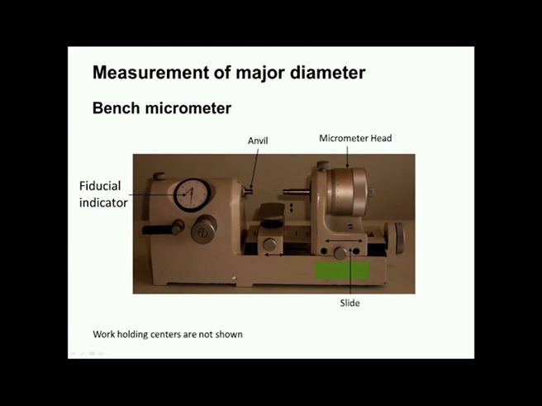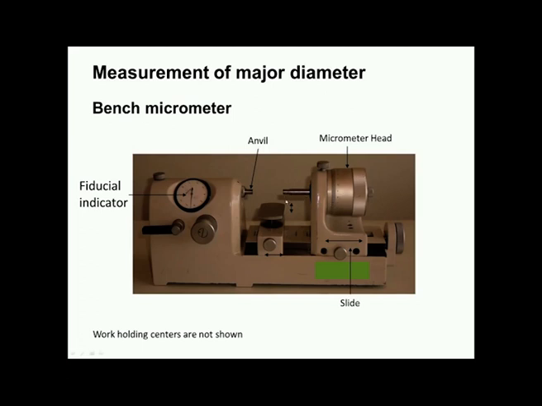We can see the very rugged cast iron base of the instrument, wherein there is a slide which can be moved parallel to the axis of the bench micrometer. This is a slidable body which houses the micrometer head. A large diameter micrometer is fitted and this is the anvil.